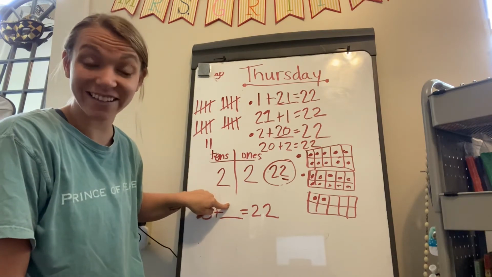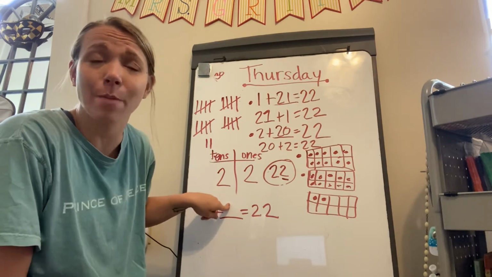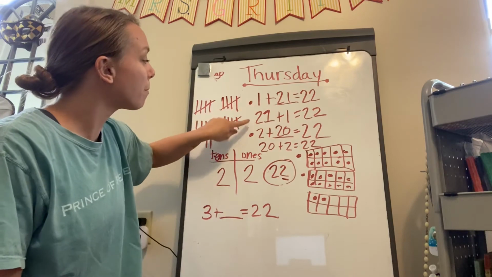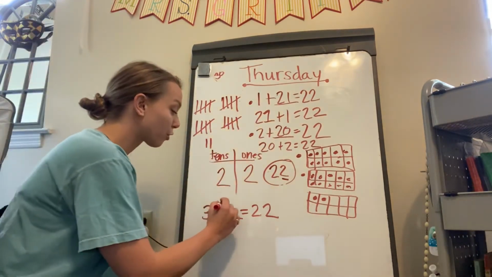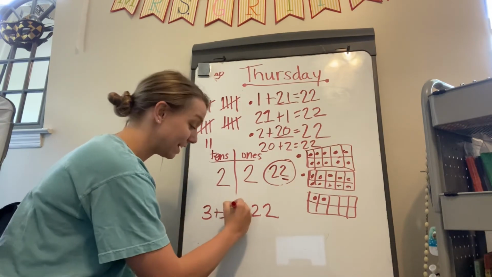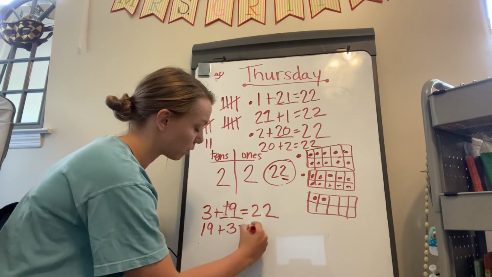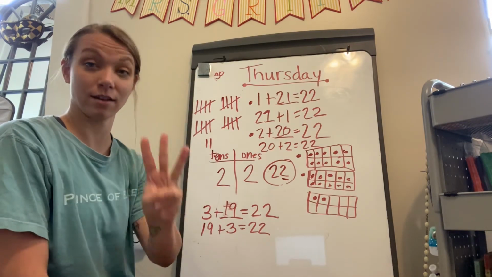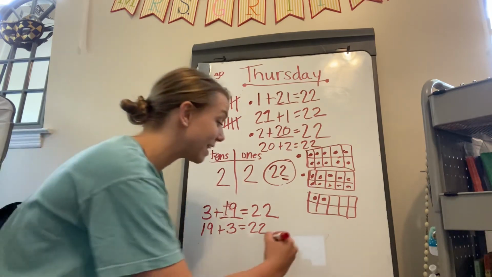If you said 19, you are a baby genius, and I am so proud of you. You found the pattern. When you go up by 1, all you have to do is count back 1. 3 plus 19 equals 22. 19 plus 3 equals 22.